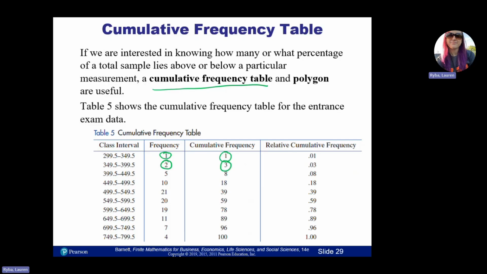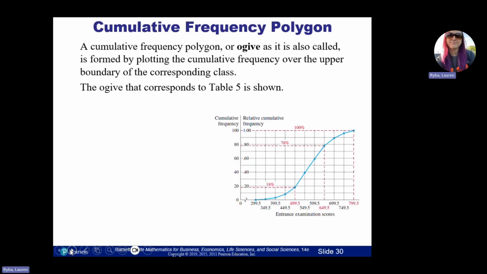So now I'm up to a total of 3. And it's going to keep counting the total. So you're going to see how you get up to that total group and see how it changes from there. So it's going to look, again, kind of like that jagged line. But it's going to now show how I get to 100%.